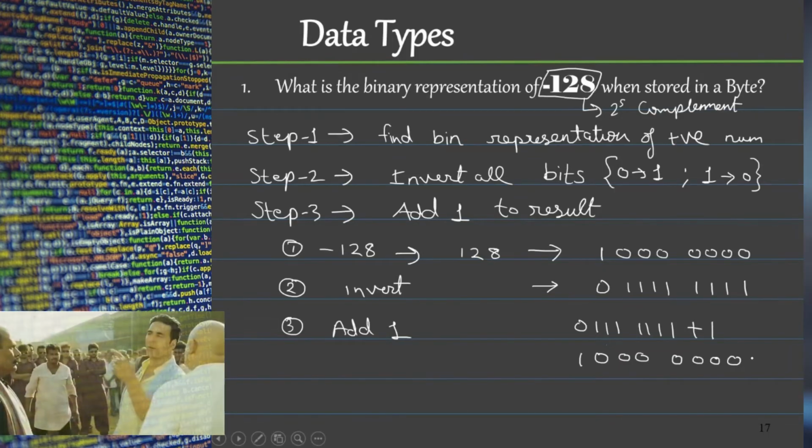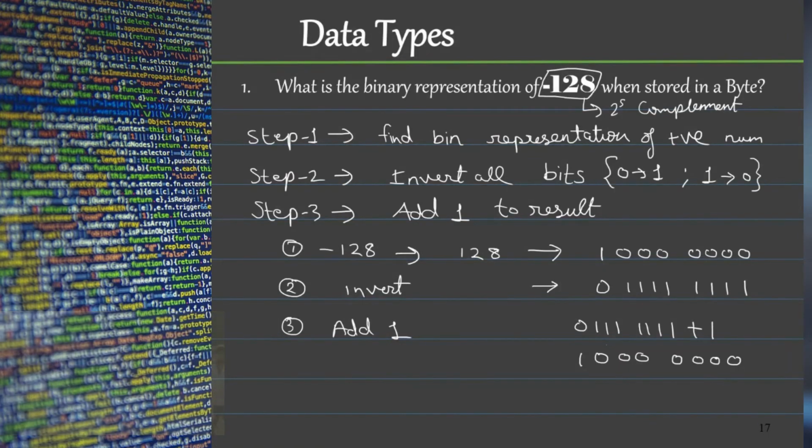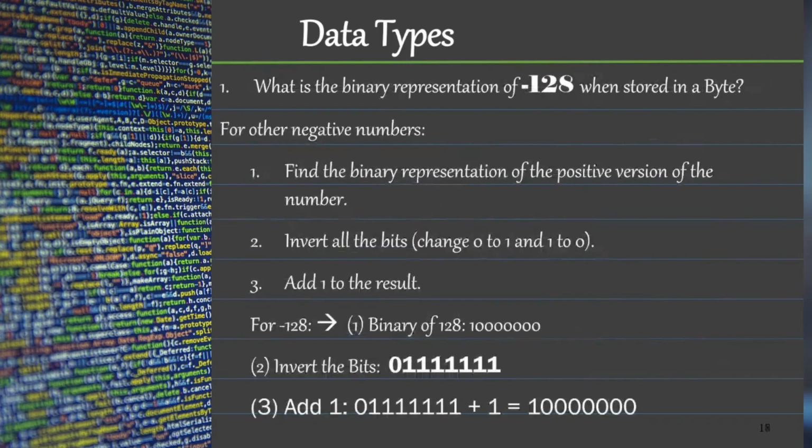Let me check it. I think I have done this before. If I'm not making any mistake, for minus 128 this is the correct answer. Yes, the steps are also fine. These are the general generic steps I was recalling from memory. So first step is done, then second, and then third step is done.